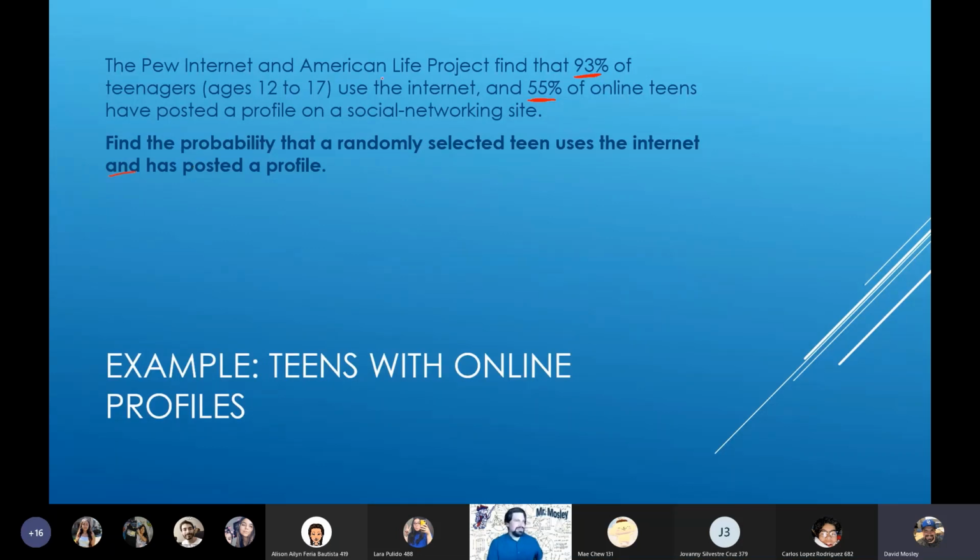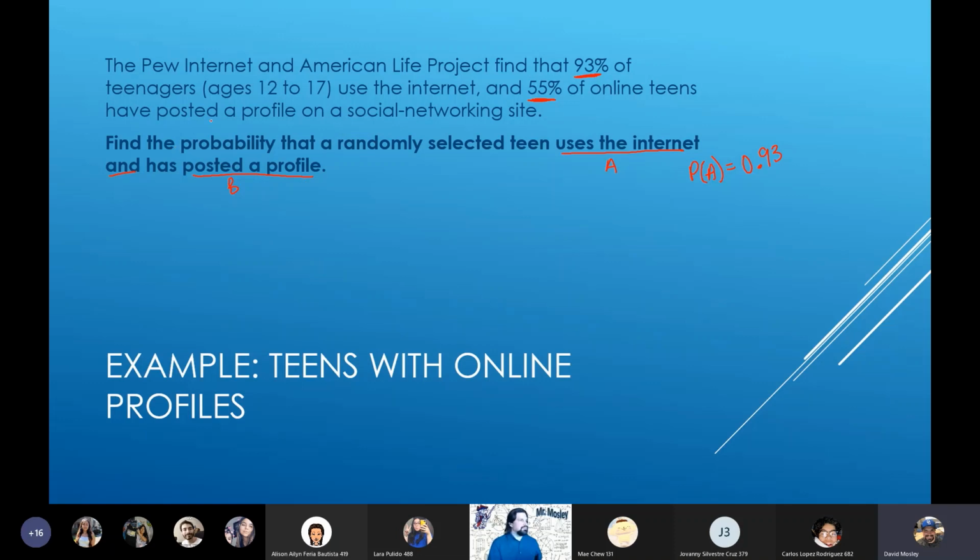So let's look at the information that we know. We have two events that we're considering: uses the internet and posted a profile. Let's call this one A and this one B. 93% of teenagers use the internet, so the probability of A is 0.93.